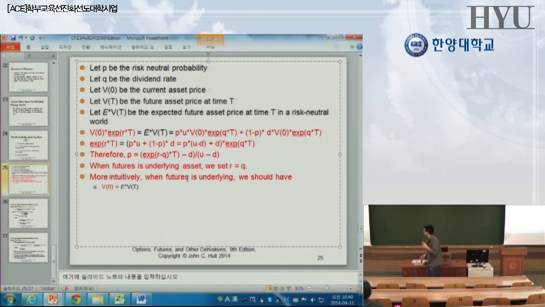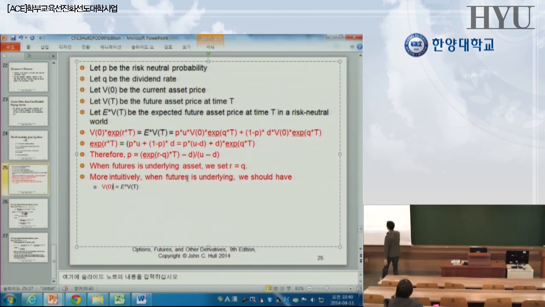If this is greater than this one, or this is greater than this one, it means I actually pay a smaller amount than the expected value in the future to get the asset. Since no one cares about risk, it doesn't make sense. I can get more money to receive assets with high expected value, right? Because we care only about expected value.